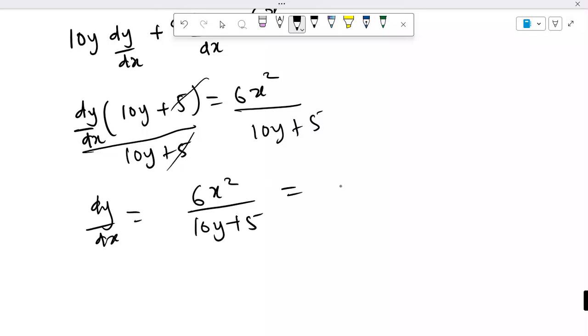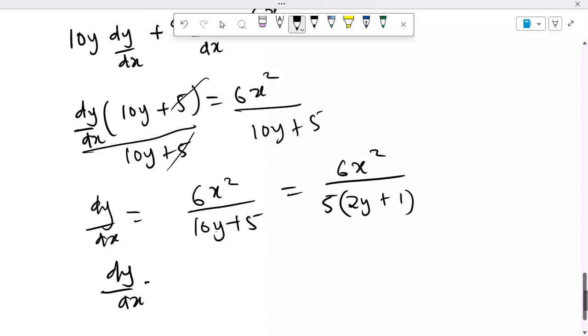You can further simplify this by factoring out: 5 goes into 10 and 5, so in the denominator you can take out 5, and here there will be 2y plus 1. Like this, it looks better. So dy/dx is equal to 6x squared over 5 times (2y plus 1). Okay, so this is how you solve number 3.